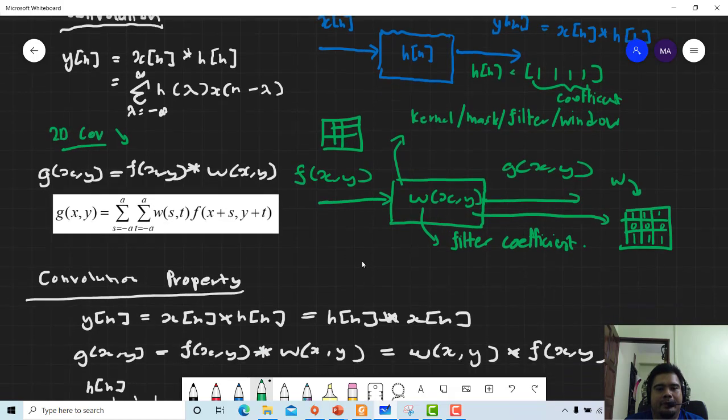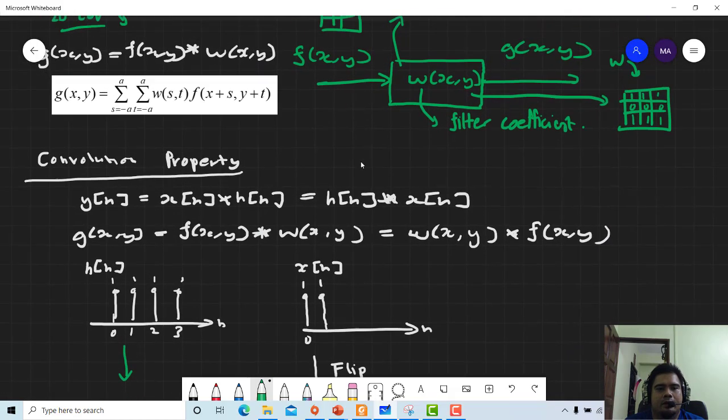If you remember some of the convolution properties, it doesn't matter whether you convolve x[n] with h[n], or start by convolving h[n] with x[n], you will end up obtaining the same value y[n].